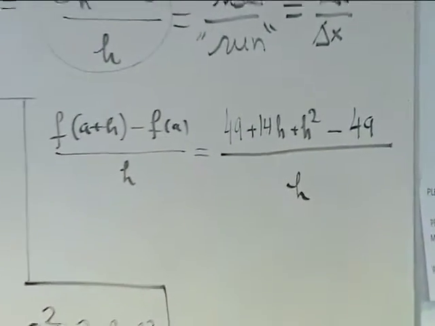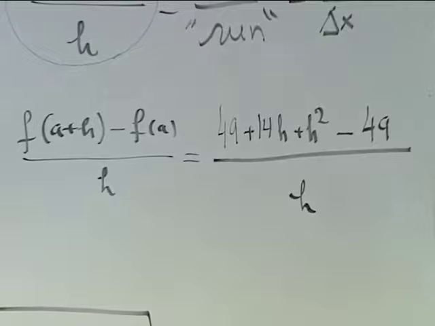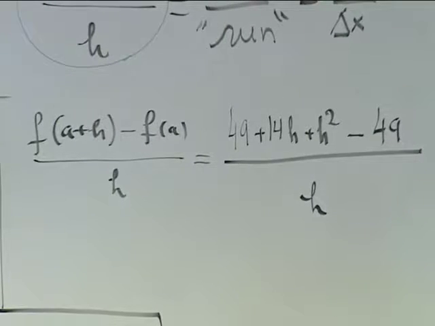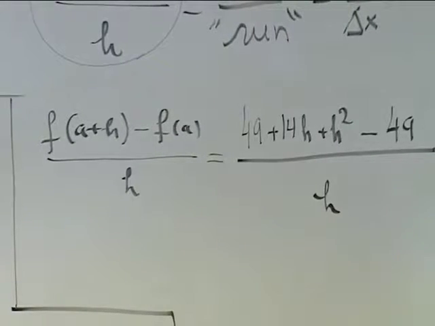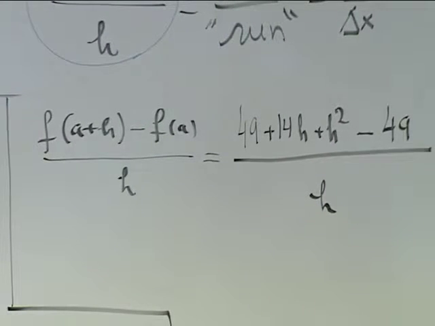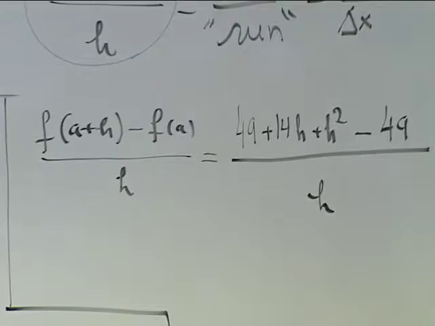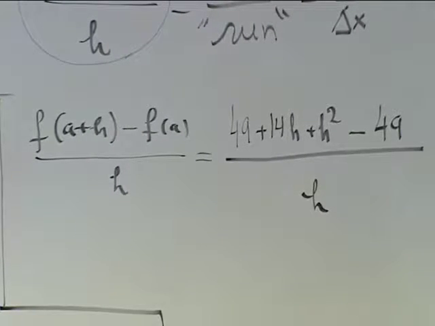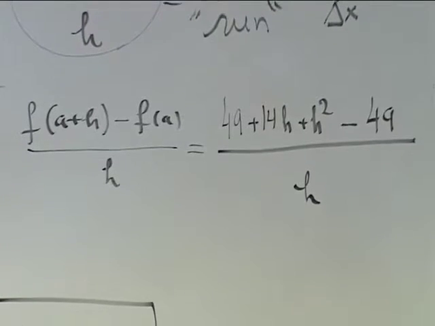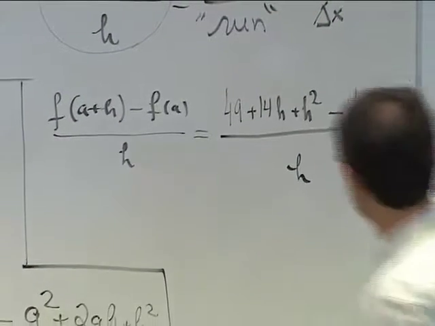Now what do I want to do? I want to take a limit when h goes to 0, right? Now, remember what we talked about last week: the first thing you do when you have to take a limit is to actually plug in that value of h and see what happens. Okay? So what happens if you plug in h equals 0 in this fraction here?